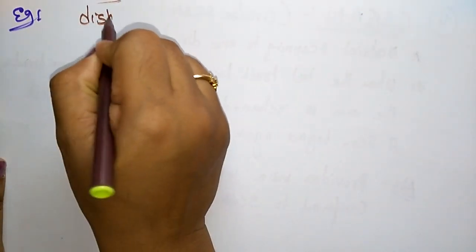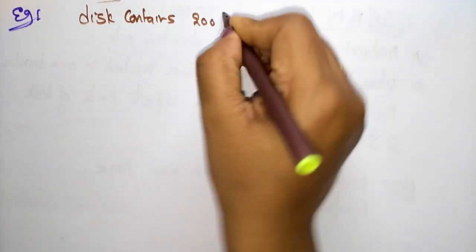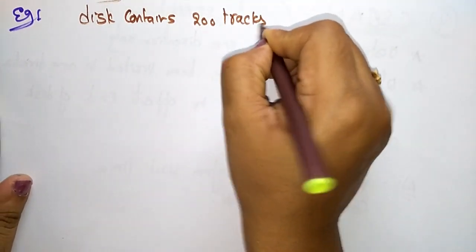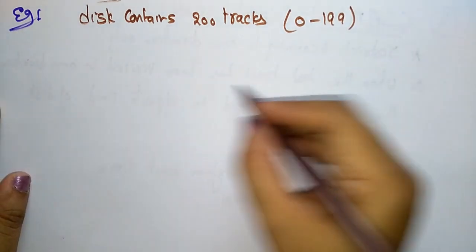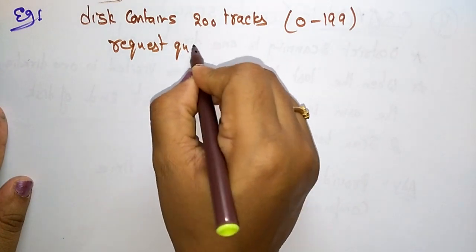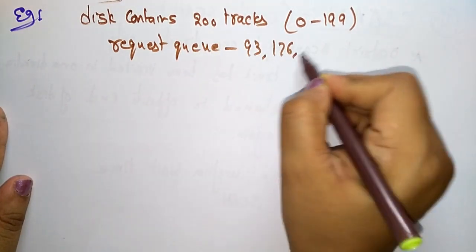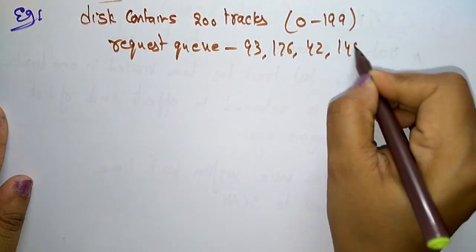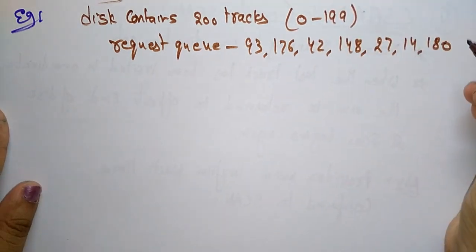The same example we are taking: the disk contains 200 tracks, that is from 0 to 199, and the request queue contains the tracks 93, 176, 42, 148, 27, 14 and 180.